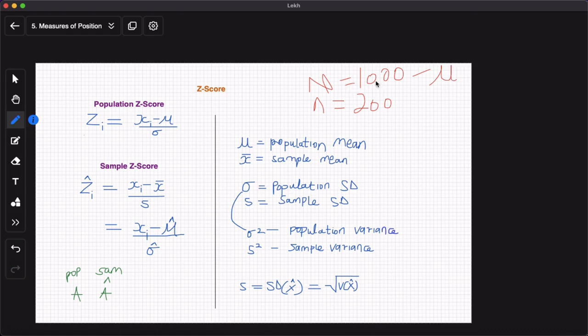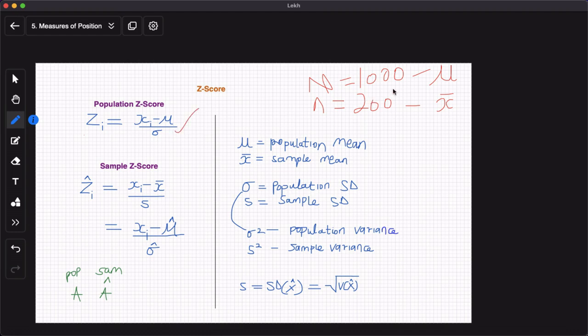All right, and if you calculate your mean using every single unit in your population, then you will obtain what we call the population mean. But if you only consider those in your sample and then you obtain the mean, then you have what we call the sample mean. Now, in a situation where you obtain the Z-score for your population, then you use this formula.